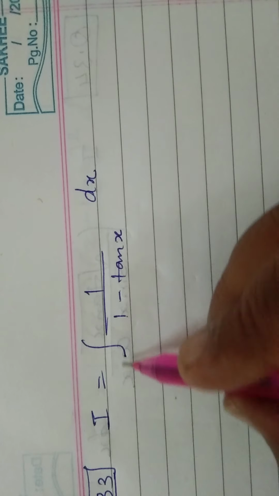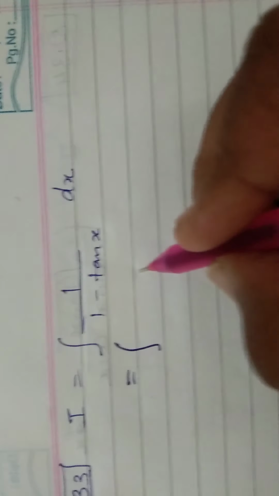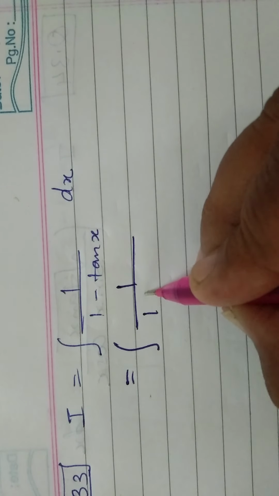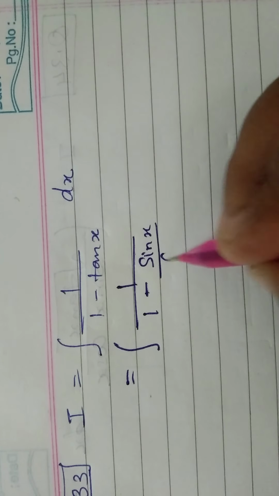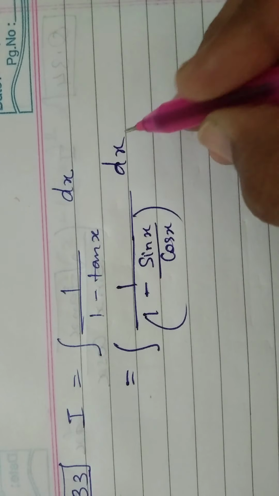Now exactly similar is the next question, that is I is equal to the integral, the same way. Now you are well versed with this. Instead of cot I am having tan, so I have 1 minus tan, I will write it as sin x upon cos x in the denominator, and dx.